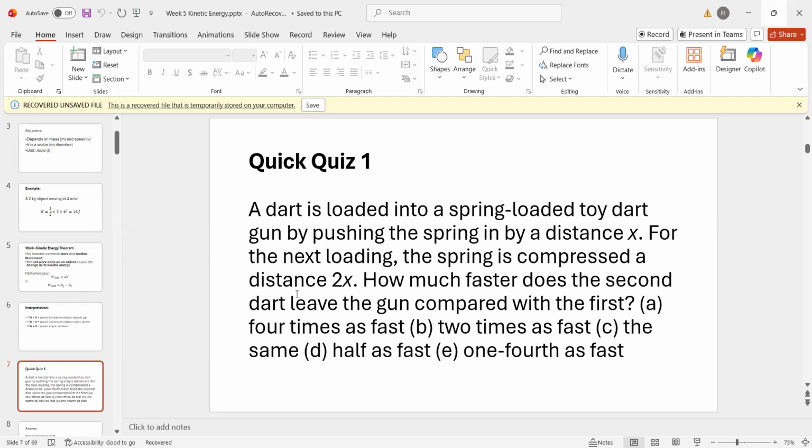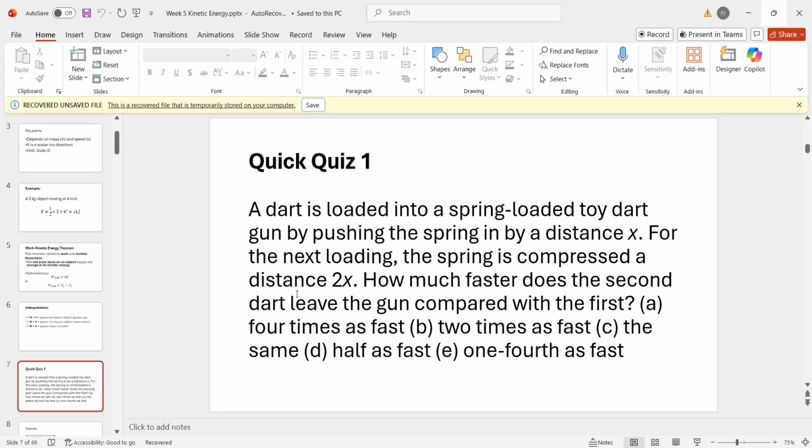How much faster does the second dart leave the gun compared with the first? A, 4 times as fast. B, 2 times as fast. C, the same. D, half as fast. E, 1/4 as fast.